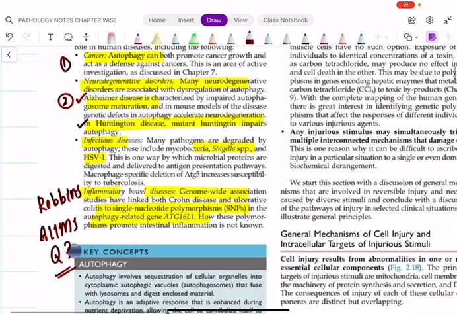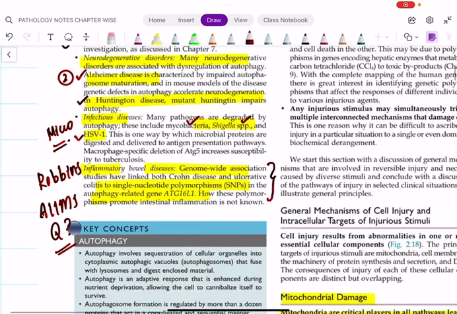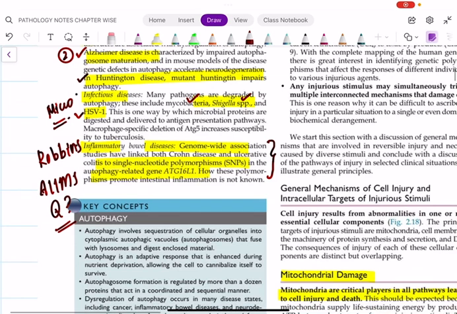Then infectious diseases like Mycobacterium, Shigella and HSV1, which you will read in detail in microbiology. And inflammatory bowel disease. Yes, this has been an AIIMS PG entrance exam MCQ question. That is, autophagy related gene 16L1 has been implicated in inflammatory bowel disease. We have Crohn's disease and another one called UC, ulcerative colitis. Together we call them inflammatory bowel diseases.